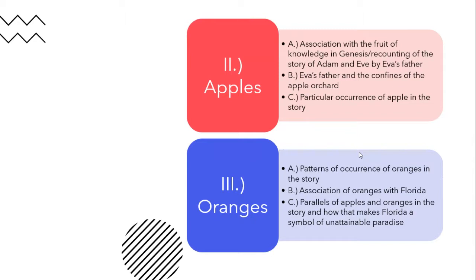And let's say that the apples in this story have kind of an overt meaning, where the apples are directly connected to the story of Genesis and the themes that are represented by the story of Adam and Eve and the exile from the garden and all that. Let's say that the oranges are a little bit less obvious. Let's say that oranges keep popping up in orange juice, say, right? Let's just say that this motif of oranges keeps popping up throughout this novel.